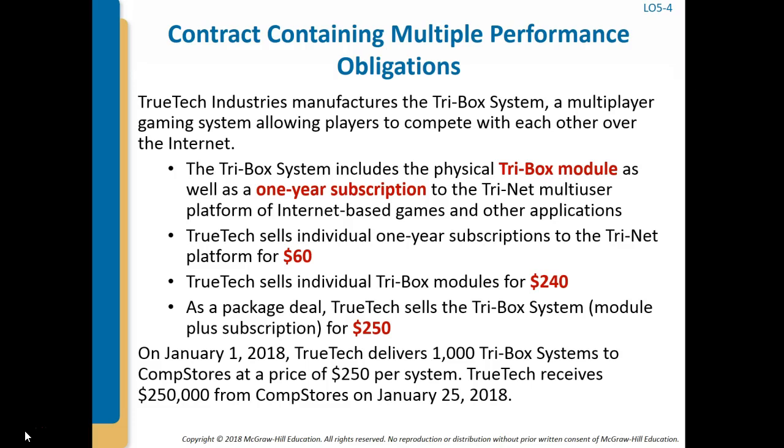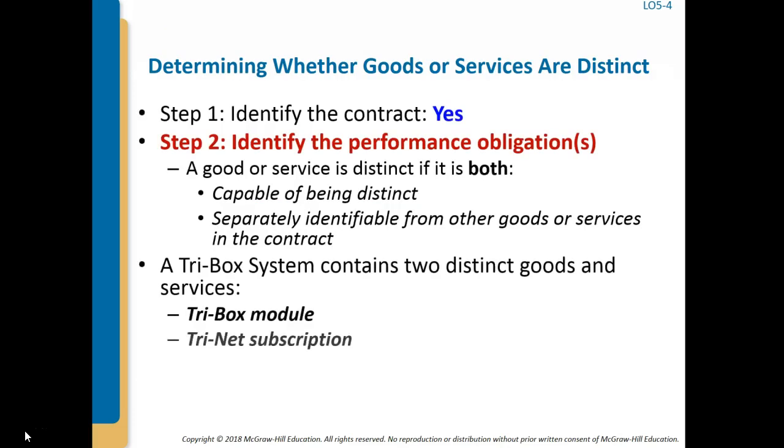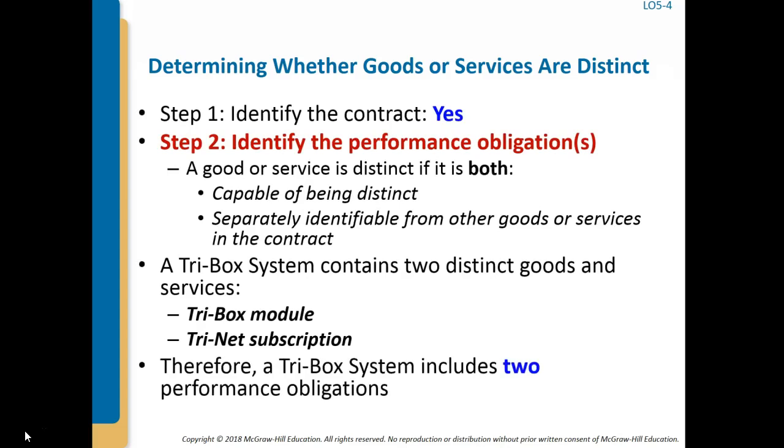So on January 1st, TrueTech delivers 1,000 TriBox systems at a price of $250 each, and TrueTech receives $250,000 from comp stores on January 25th of 2018. Assume we have decided there's a contract between TrueTech and comp stores. Let's then move on to step 2.